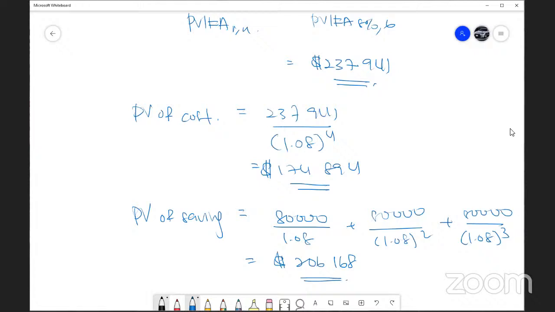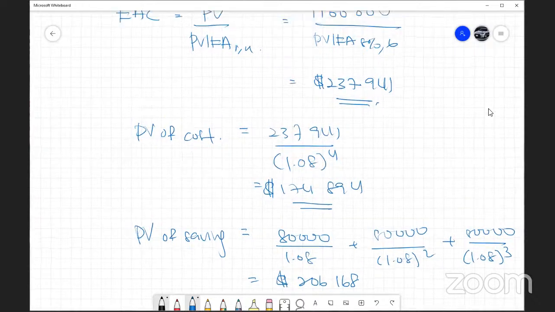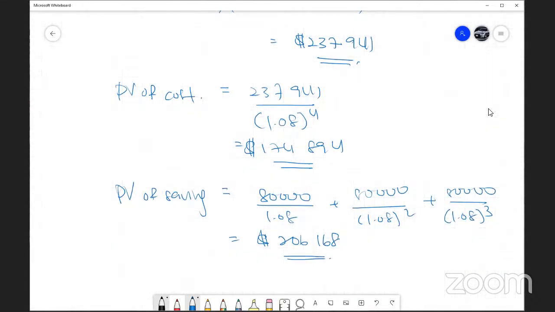All right. So the present value of the cost, just now $237,000 per year, right? If it's used for 4 years, it's actually 174,894. But now, with this usage, you have extra saving of $206,168 overall.